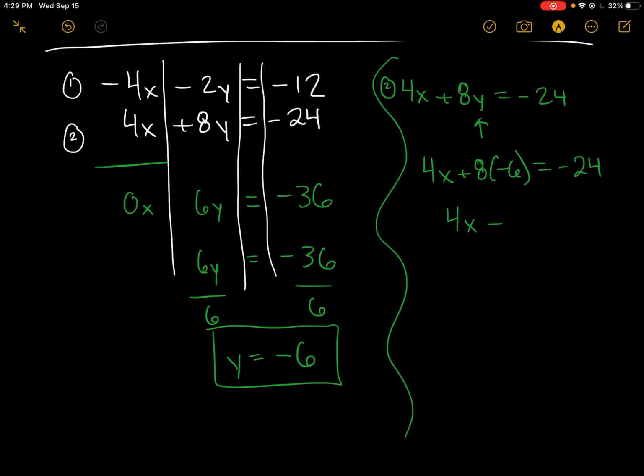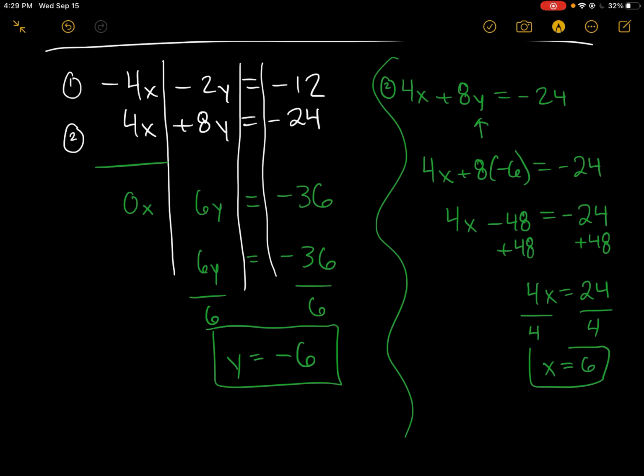So 4x minus 48 equals negative 24. Add 48 to both sides. 4x equals positive 24. So now we'll divide both by 4. And x will equal positive 6. So those are our two answers. Again, we can write them as an ordered pair, x first, y second. And that's our second example.